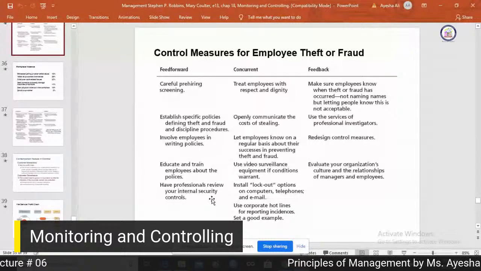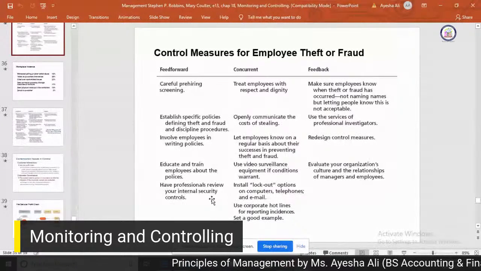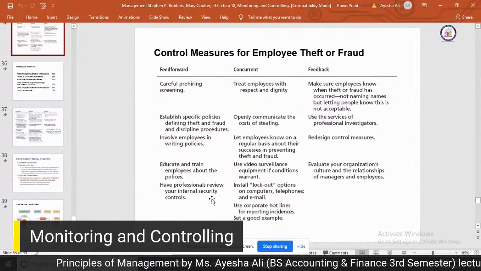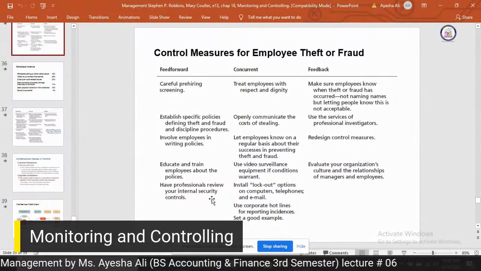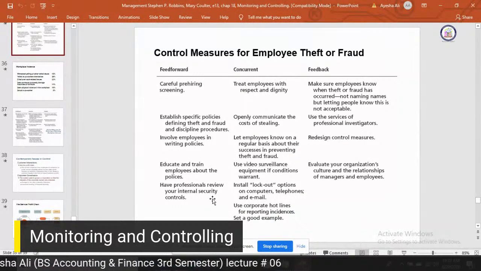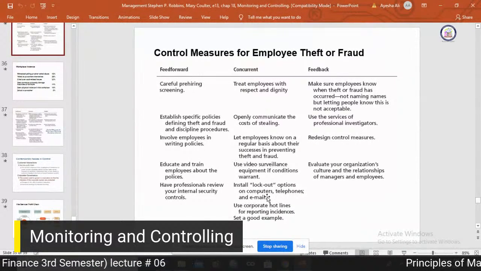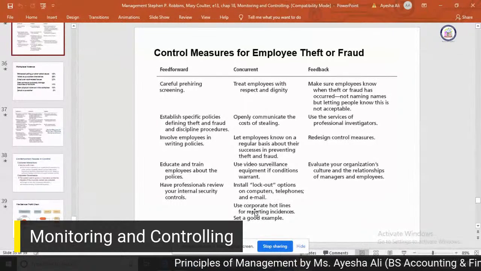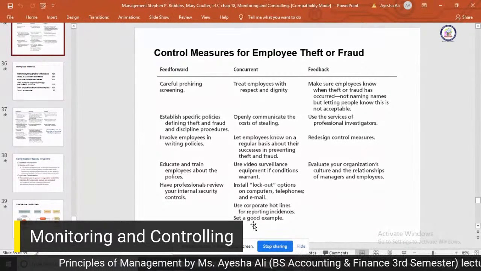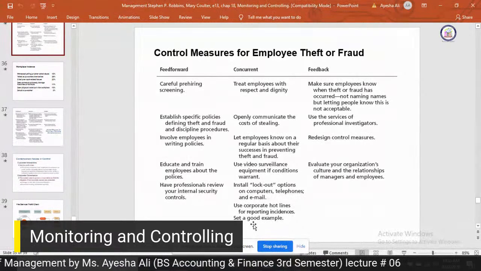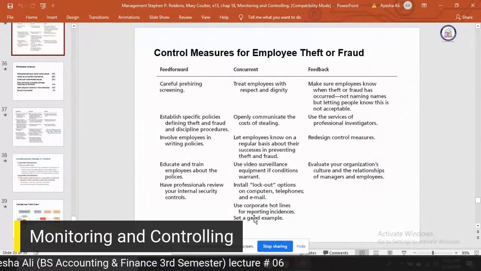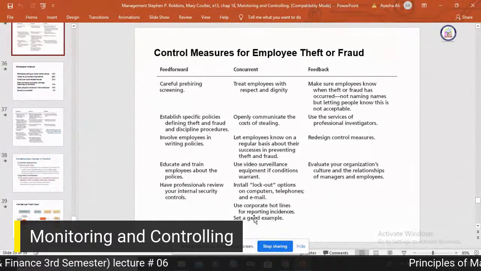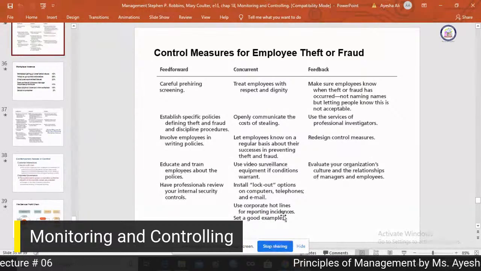We look at security conditions, whether our security is strong or not, and we install the lockout option on computer, telephone, or email, and we use hotlines for reporting incidents. So anyone can report incidents on hotlines.